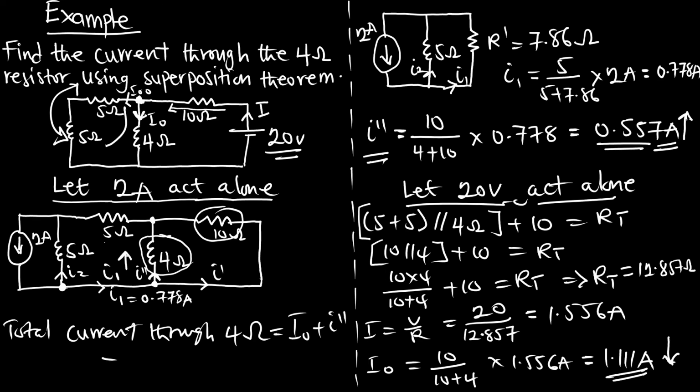And that is going to be the positive one, 1.111 amperes, the downwards, and the negative one, 0.557 amperes. And with this, the total current passing through the 4 ohm is going to be 0.554 amperes by the superposition theorem. Let's look at the next example.